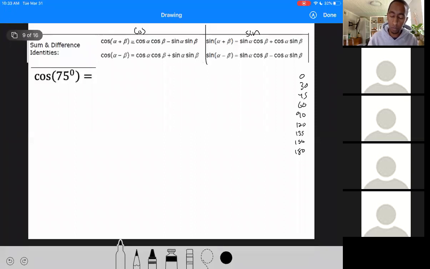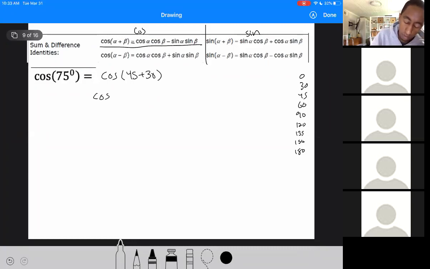Okay. So in that case, we'll separate this. So cosine of 45 and 30, right? So we're using this identity here. So it'd be cosine of, this is alpha, right? And this is beta.